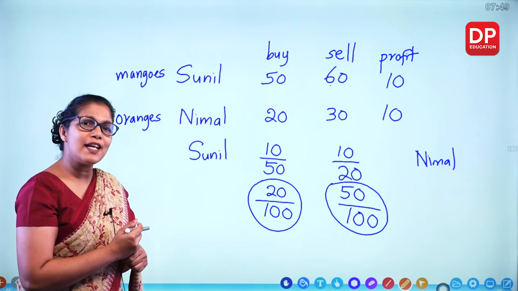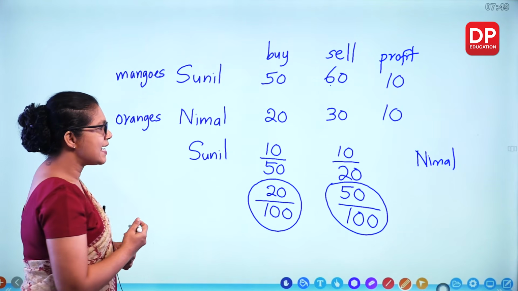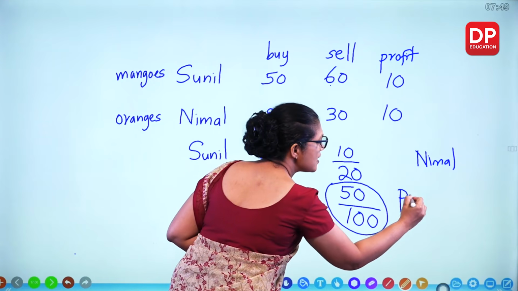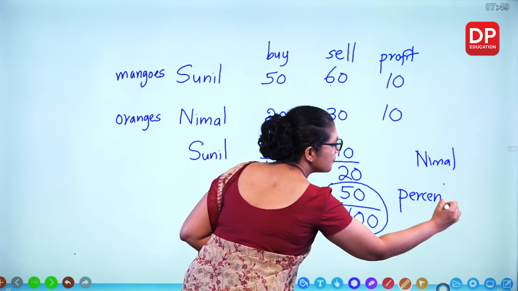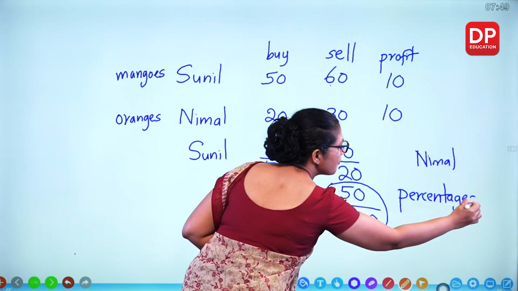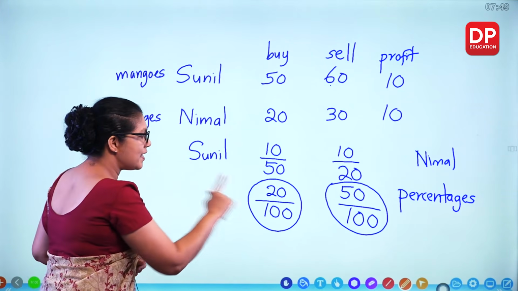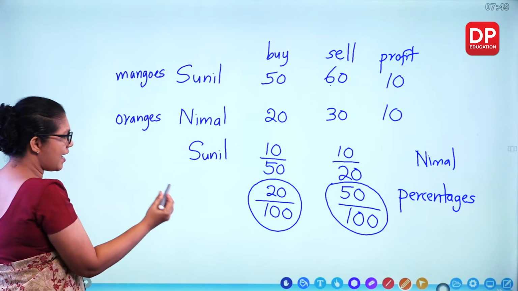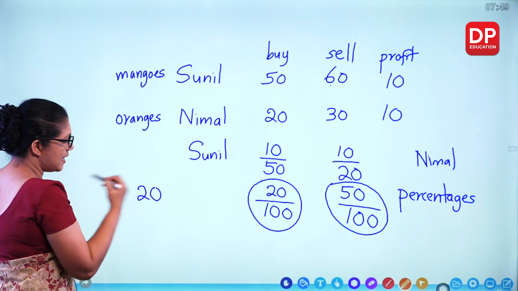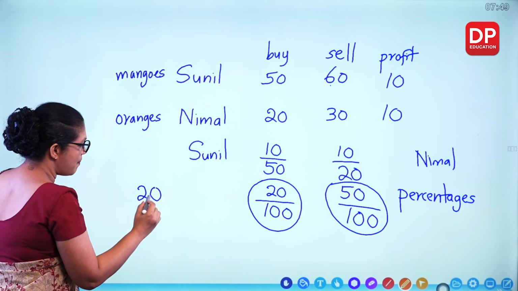So what's the sign we are using for percentages? This is a fraction with denominator 100. So I can write 20 divided by 100.